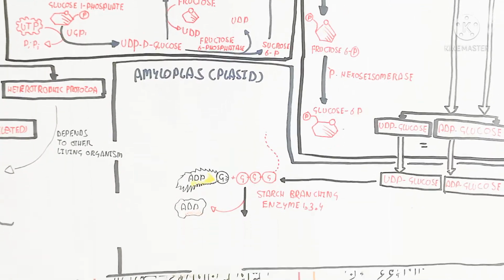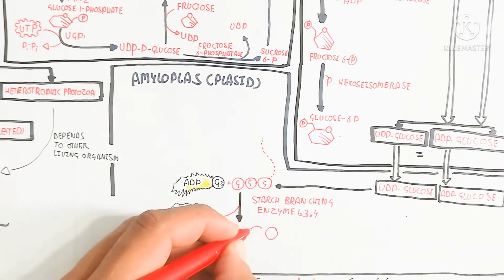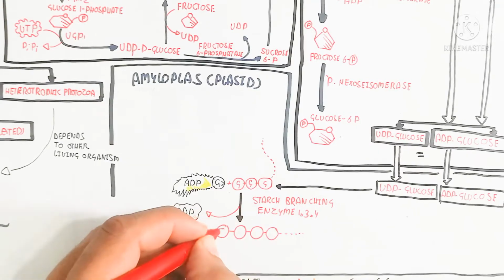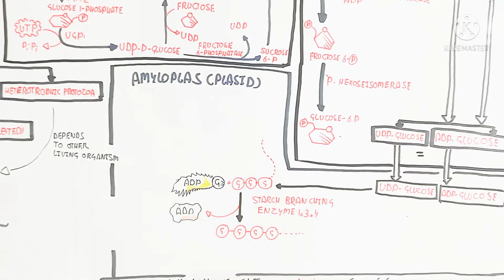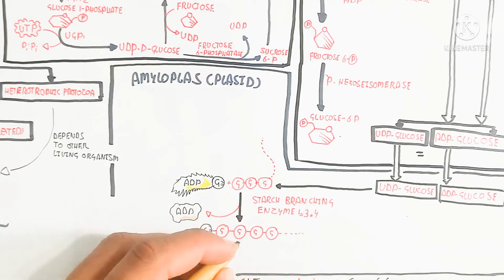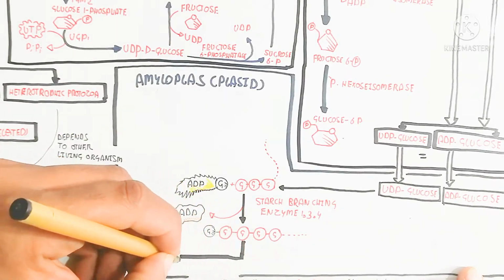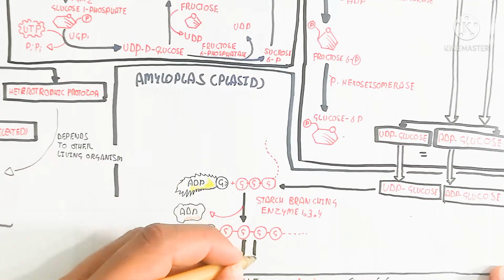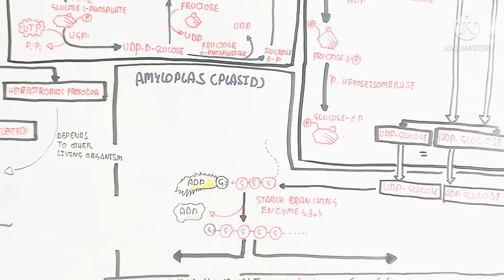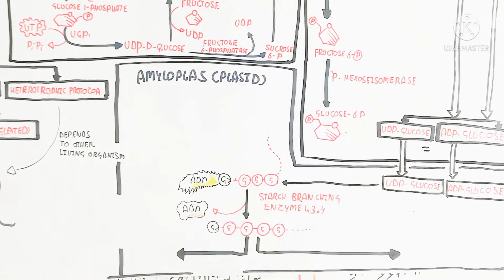The ADP is removed to become ATP again, and glucose is added. The starch branching enzyme forms more branching, known as amylopectin.